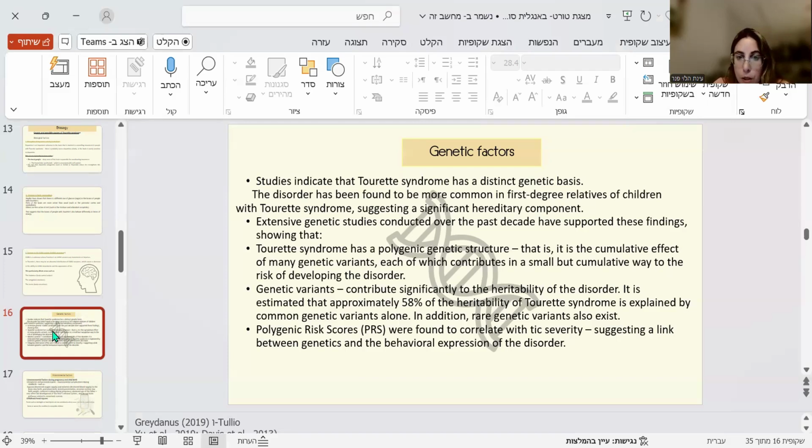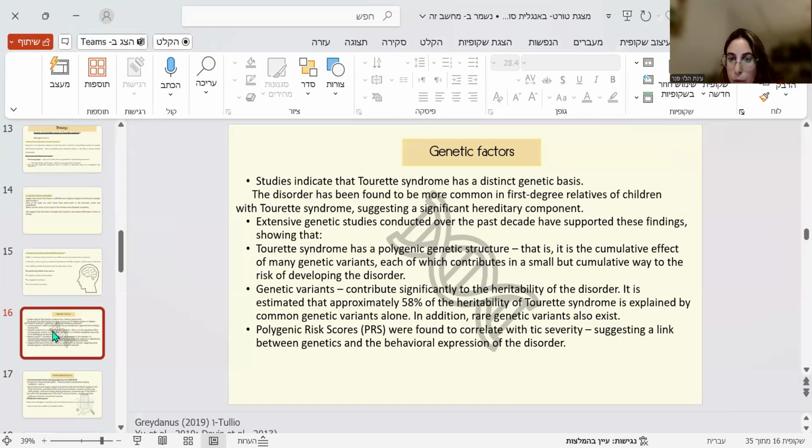Genetic variants contribute significantly to the heritability of the disorder. It is estimated that approximately 58% of the heritability of Tourette syndrome is explained by common genetic variants alone.